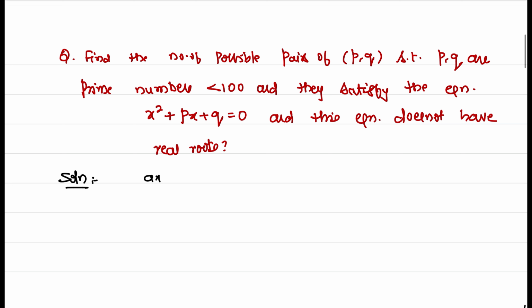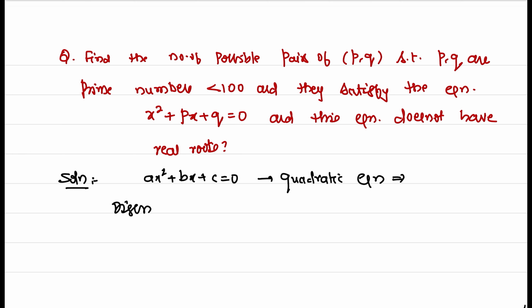If ax² plus bx plus c is equal to 0 represents a general quadratic equation, then the discriminant of it is equal to b² minus 4ac.